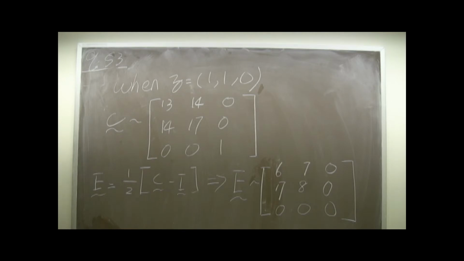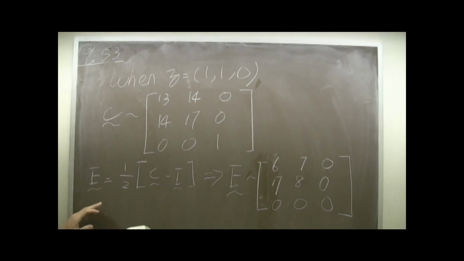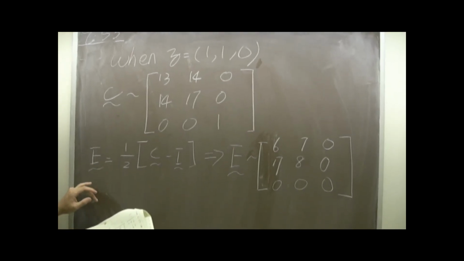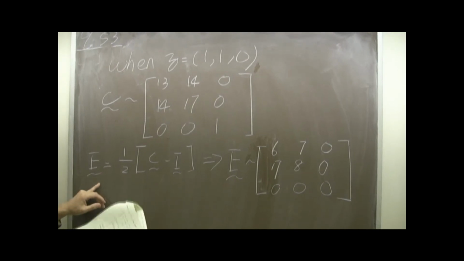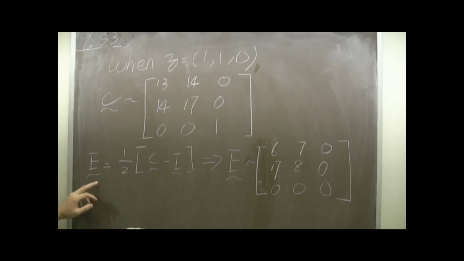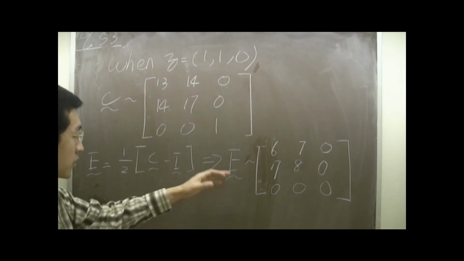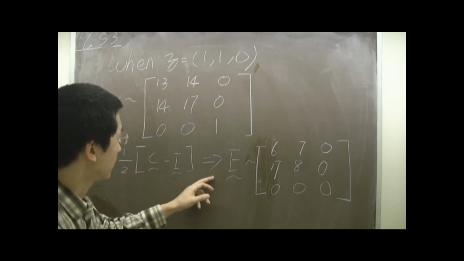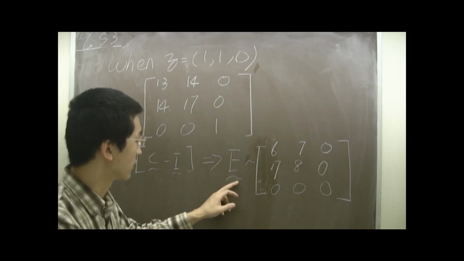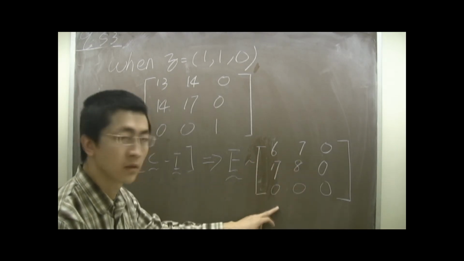After that, we can calculate the strain tensor. From the definition, the strain tensor equals a half of C minus the identity matrix, and then we substitute the numbers into it. We get the strain tensor, which looks like this.